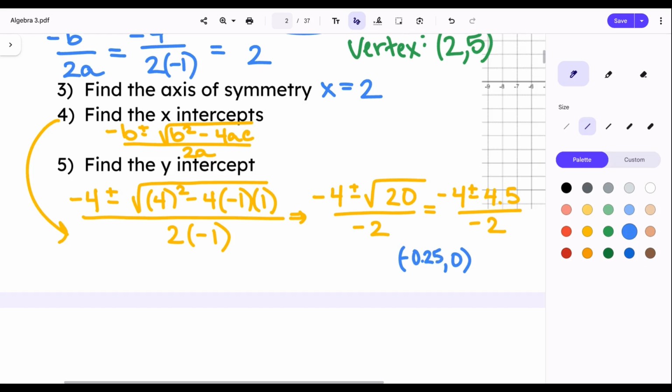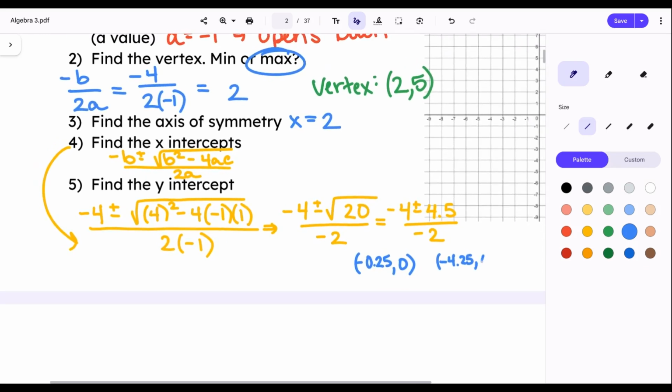So there's one. And then for the other one, you're going to take -4 minus 4.5 divided by -2. What does that give me? Okay, comma, 0.